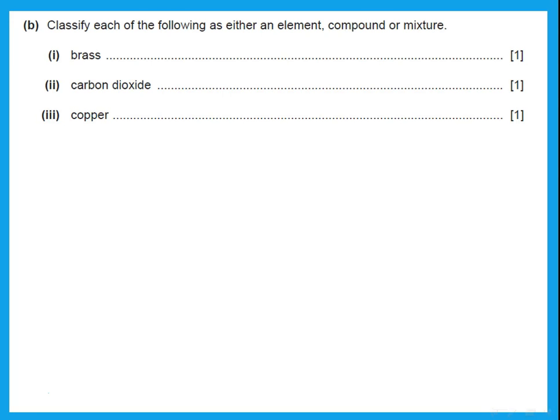Classify each of the following as either an element, compound, or mixture. Remember, we just said that brass is a mixture of two metals, copper and zinc. Carbon dioxide is a compound, and copper is an element.